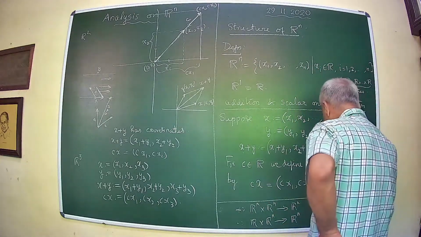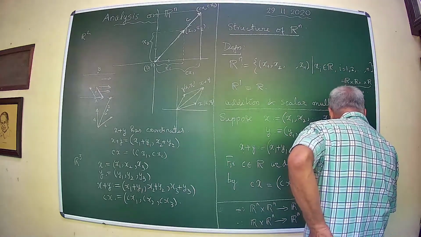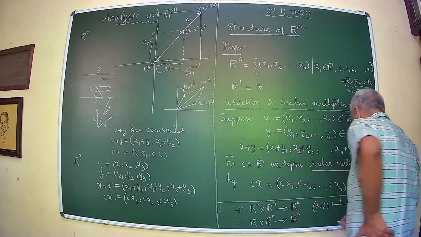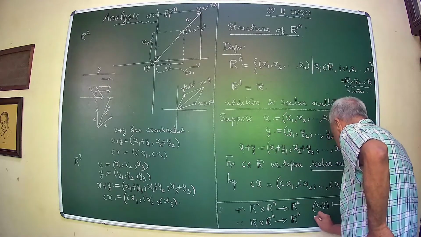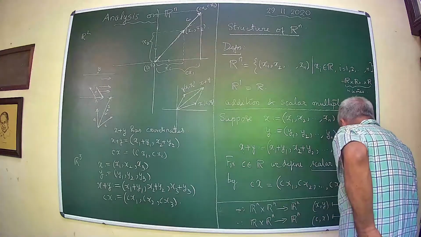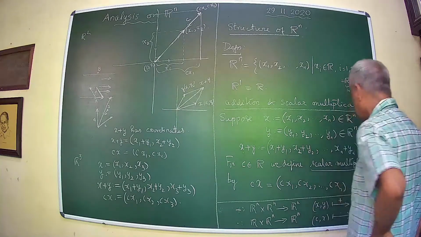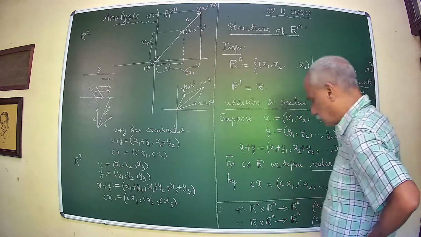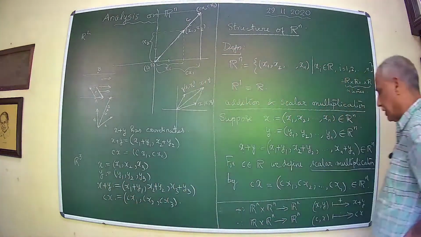This is x comma y mapping to x plus y, and c comma x mapping to c times x. So this is addition and scalar multiplication. These are two maps, from Rn cross Rn to Rn, and R cross Rn to Rn.